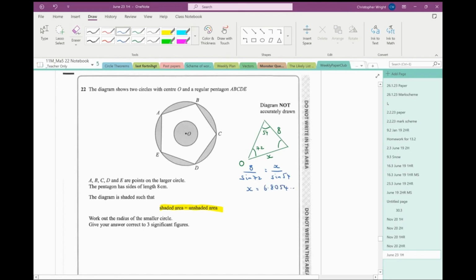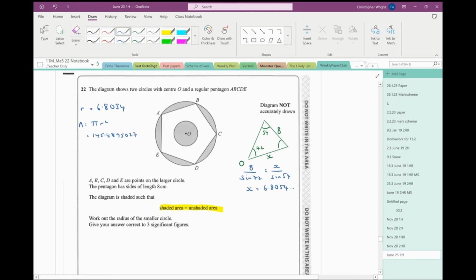So now I know the radius of the circle. The radius of the large circle is 6.8054, which means that the area of the large circle, pi r squared, is going to be 145. And it's worth jotting down some remaining digits on your calculator for later.